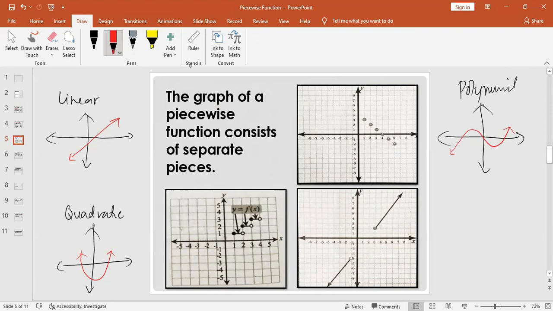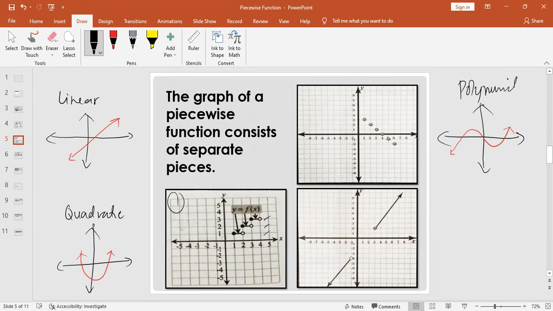But in this graph, if you are to notice, it consists of separate pieces. Graph number 1 consists of 3 pieces of small graphs. It means that there are 3 subfunctions because each piece of graph corresponds to exactly one subfunction.